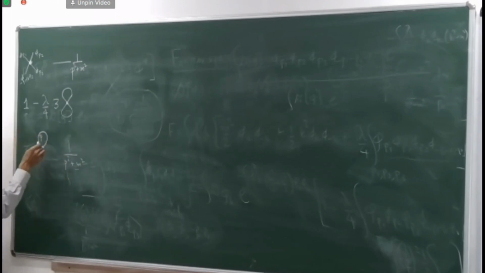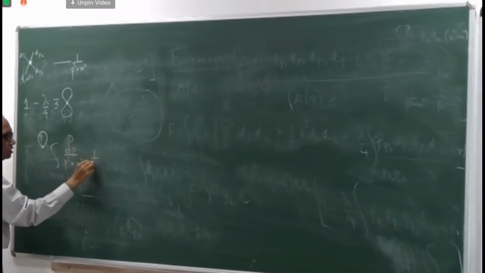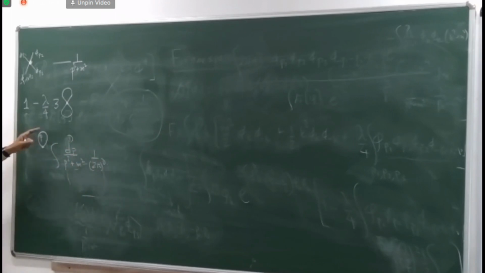And as it closes on itself, you sum over all P, and there is a ddP and a 2 pi. Whenever there is a ddP, there is a 2 pi to the power d.